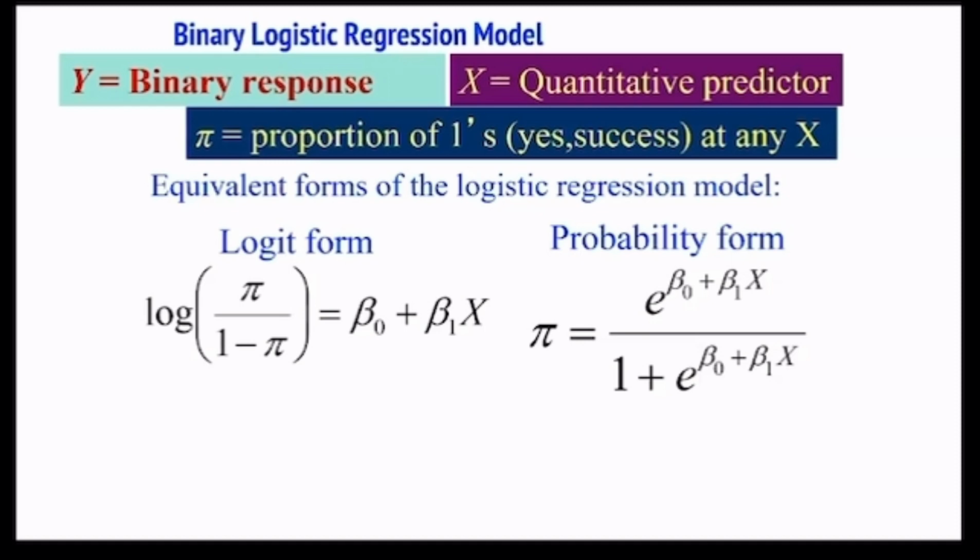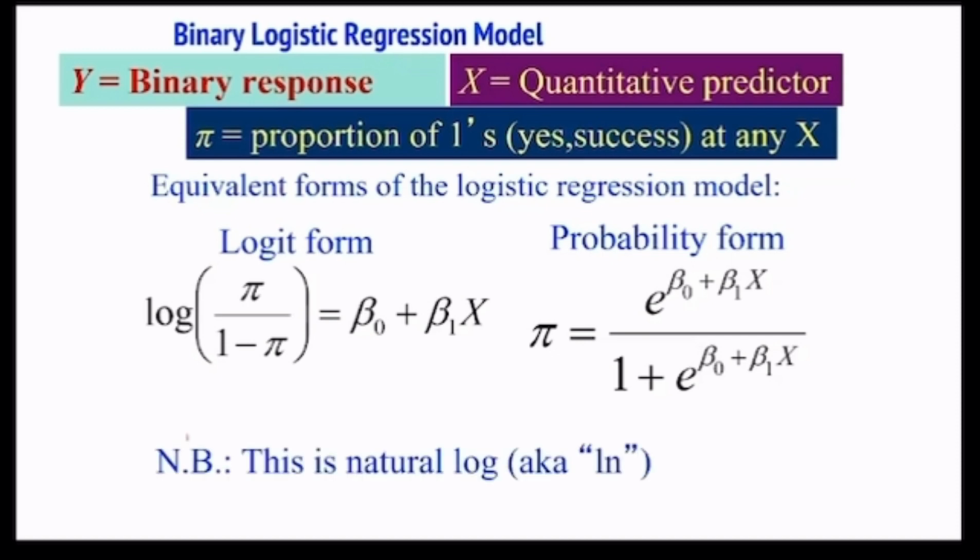When you solve for pi, you arrive at the probability form. Does that make sense? So these are the two forms of logistic regression that we have: a logit form and a probability form. Don't forget, that log is not just a log, it's a natural log.